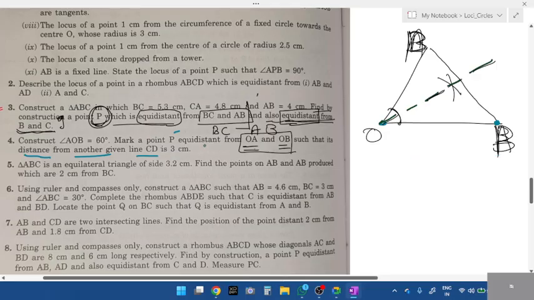Mark a point P equidistant. Okay, we got the line. Such that its distance from another given line CD is 3 centimeters. So that P should be 3 centimeters away.